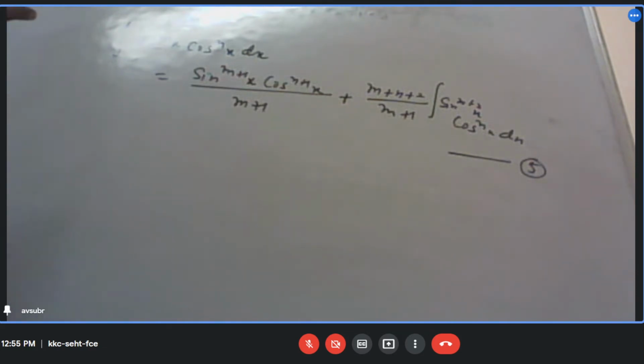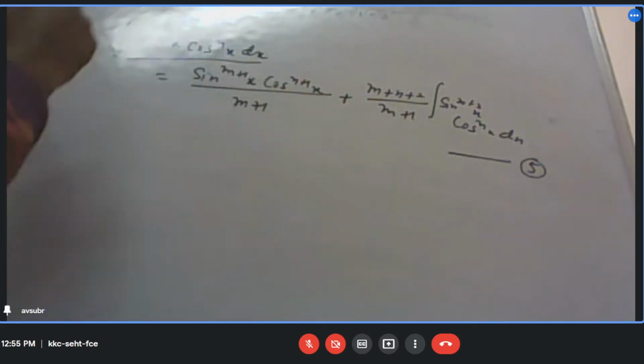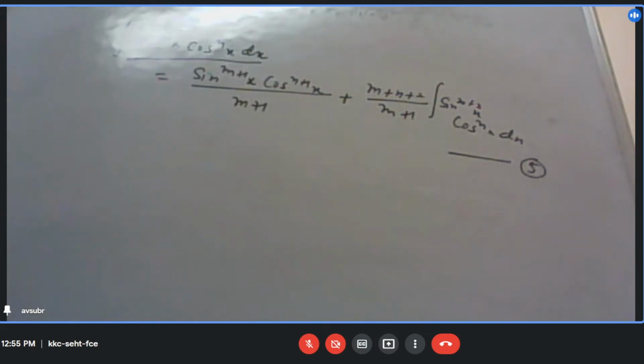For the same integral, we are obtaining different forms.